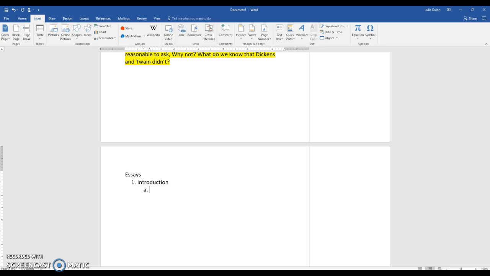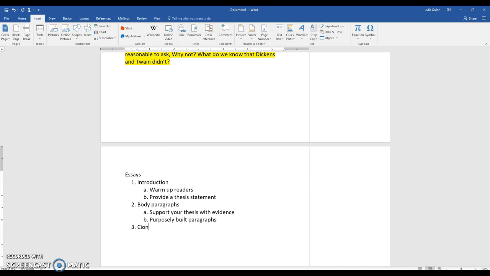Introductions warm up readers and provide a thesis statement, which is your argument. And then, of course, you have body paragraphs, which is what the example above is going to be. Support your thesis with evidence and purposely built paragraphs.